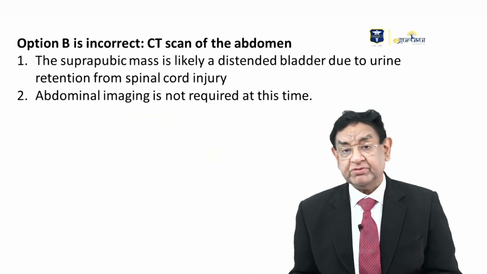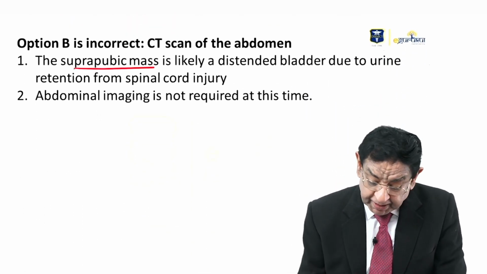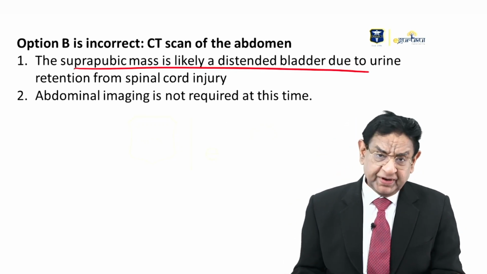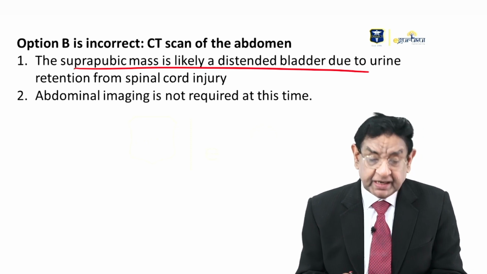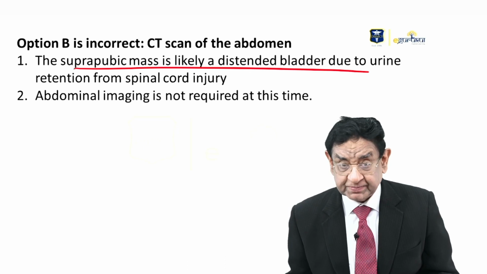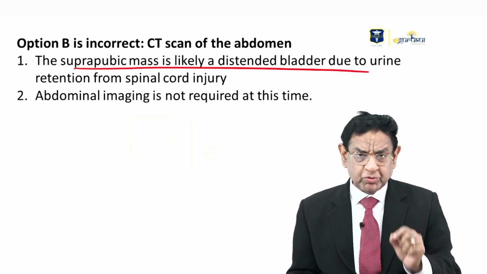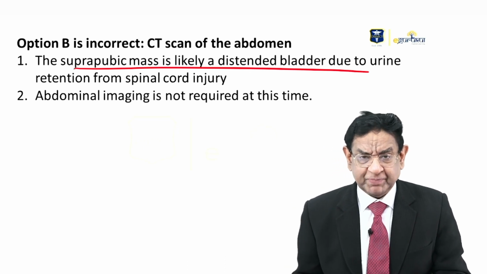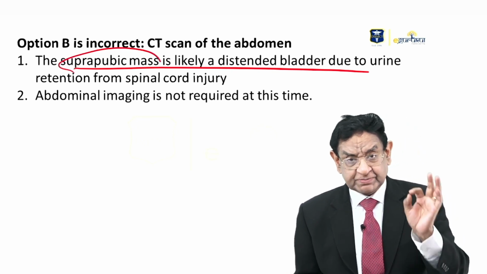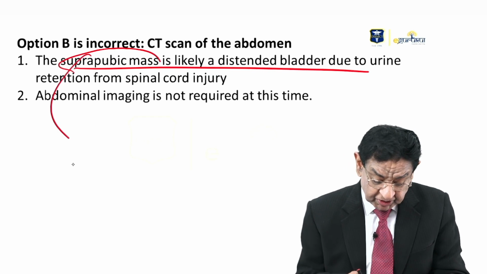CT scan of the abdomen. Suprapubic mass is a distended bladder, and it has nothing to do with any other mass. One more golden rule to remember: in a male patient, if we are getting a suprapubic mass, the first possibility is always a full bladder.